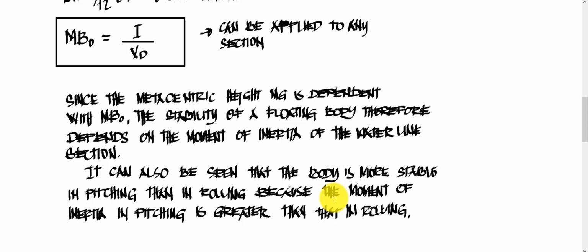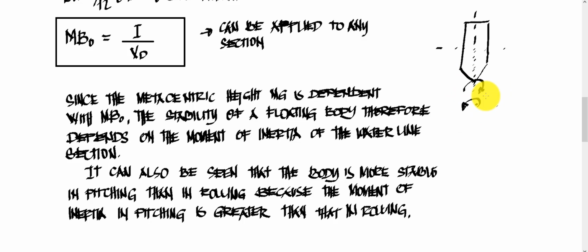You will notice, class, that when we talk about rolling, if we have the top view of our ship, the rolling is the twisting motion to one side and then the other side.